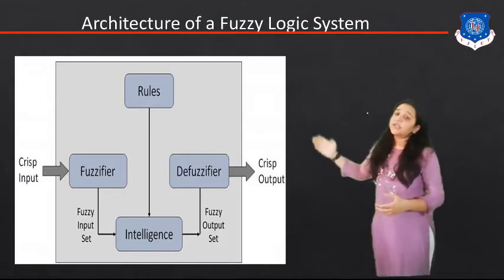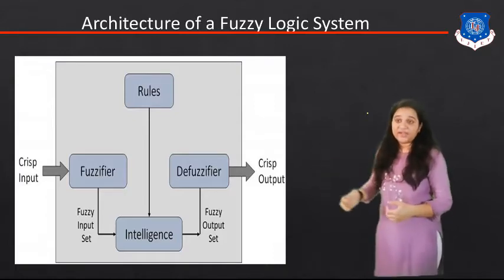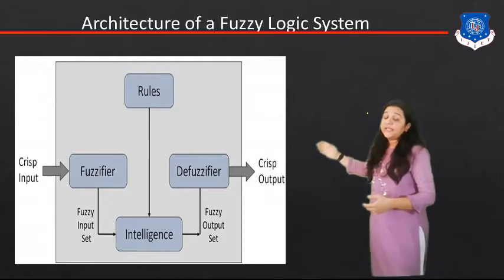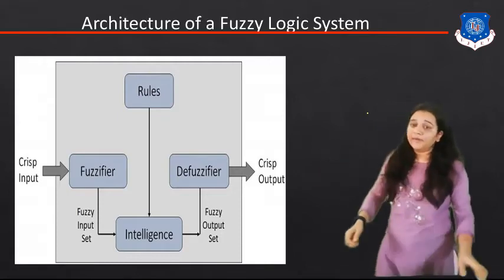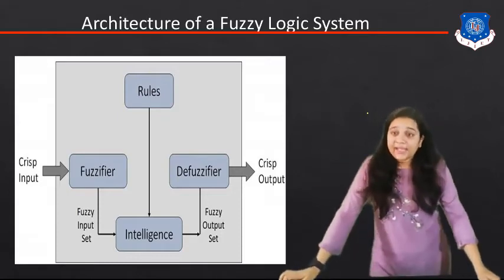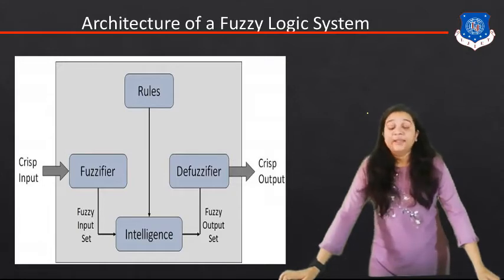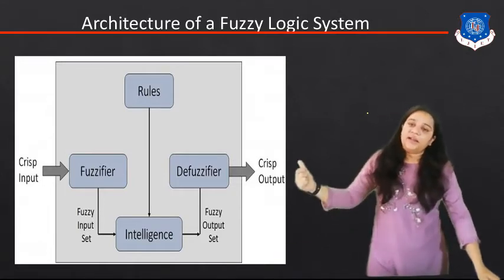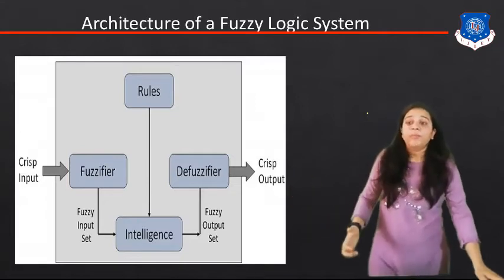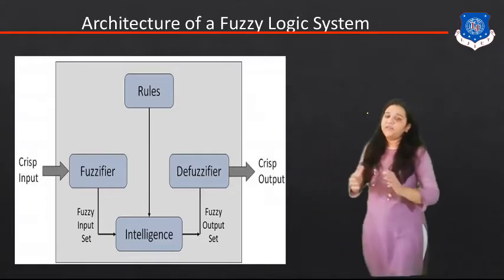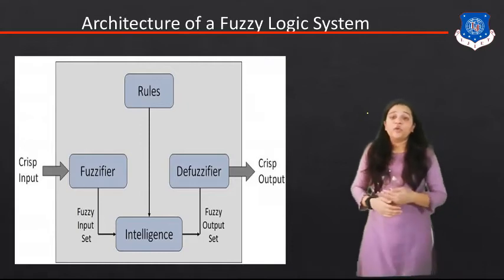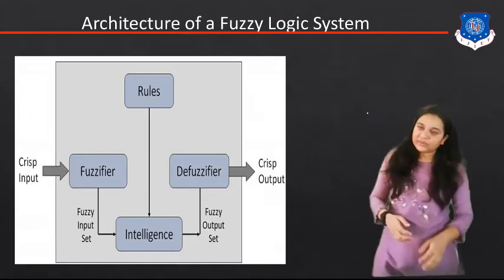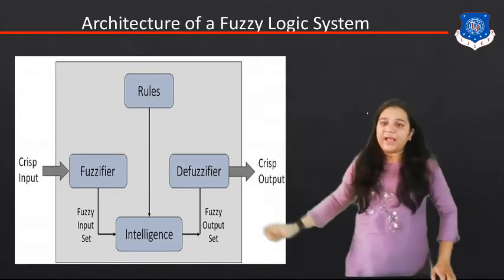The input is given to the fuzzification system, then the fuzzy input set is given to the inference engine, and whatever output is there goes to the defuzzification, and then we get the crisp output. Between the fuzzification and defuzzification, if any rule is applicable for this particular plant, we can apply this rule.